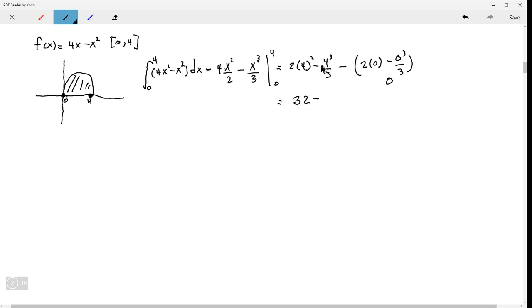4 to the third, okay, so 4 times 4 is 16. 16 times 4 is, let's see, 6 times 4 is 24, hang on, let me see. My brain is not functioning. Actually, I think I know what it is. 64.